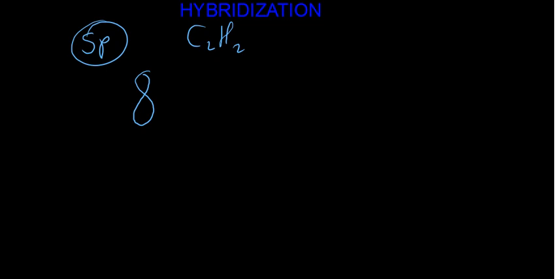So let me first show those which are not undergoing hybridization, like that. And then we have got another one. The one which has undergone hybridization, I'll show it in white.